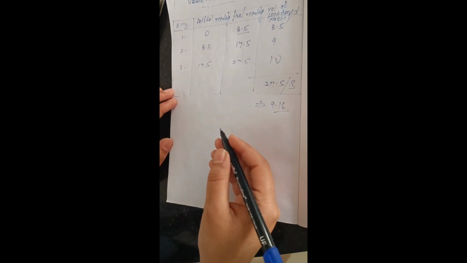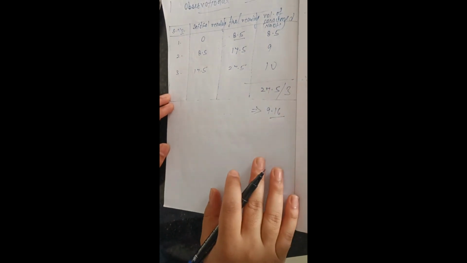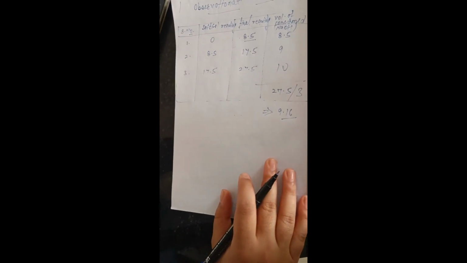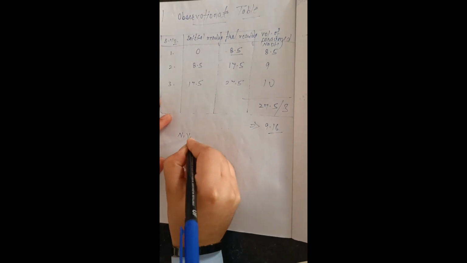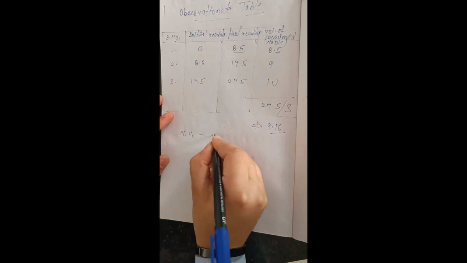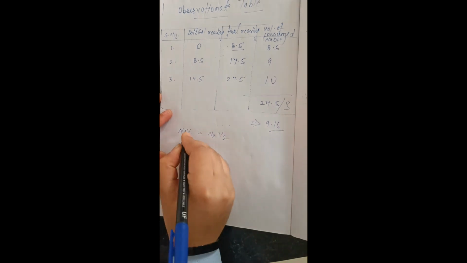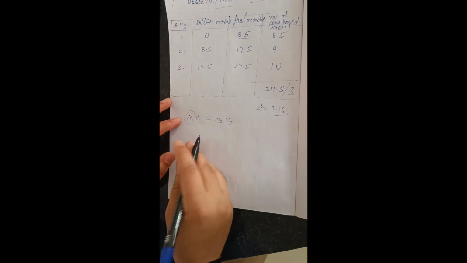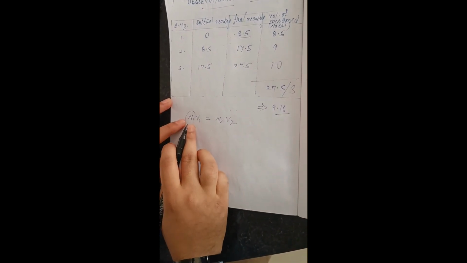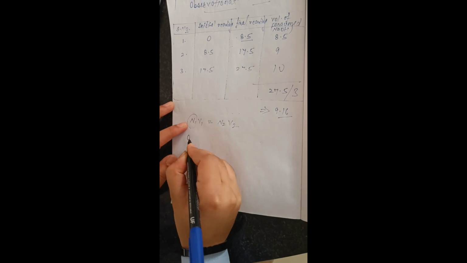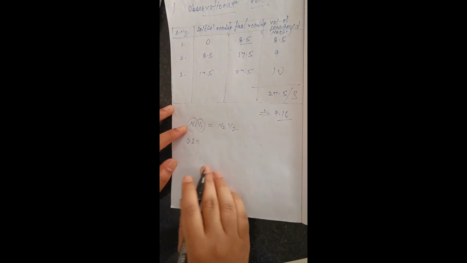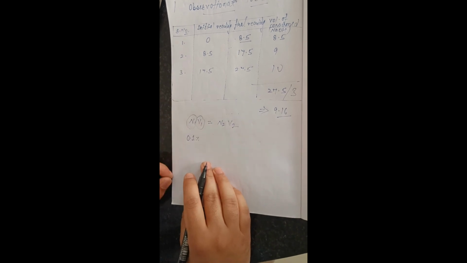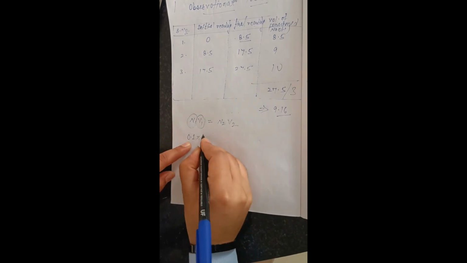So this is the determination of normality of NaOH, because we are standardizing NaOH here. The formula is N1 V1 equal to N2 V2. N1 is 0.1 normal, and the volume of oxalic acid we took for that titration is 10 ml.